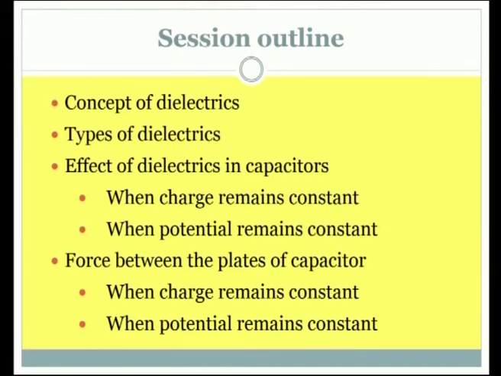Followed by that, we are going to see the types of dielectrics and also the effect of dielectrics in capacitors under two conditions: when the charge remains constant and when the potential remains constant, and also the force between the plates of the capacitor and the effect of introducing the dielectrics there, also when the charge remains constant and the potential remains constant. So, all these topics we have in store in this lecture.